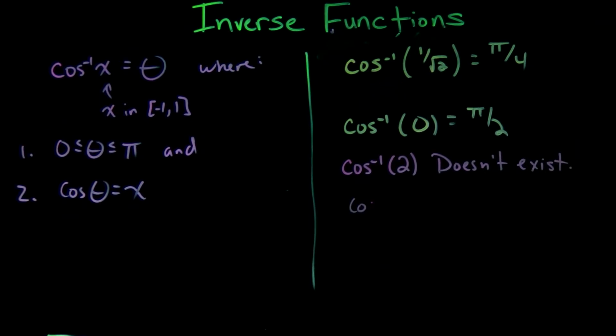Okay, because the inverse cosine of 2 would have to be some angle theta whose cosine is equal to 2. Cosines cannot equal 2. Cosines have to be between negative 1 and 1. Therefore, we cannot find the inverse cosine of 2. It does not exist. 2 is not in the domain of the inverse cosine.